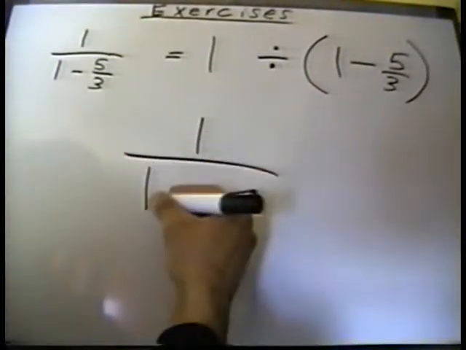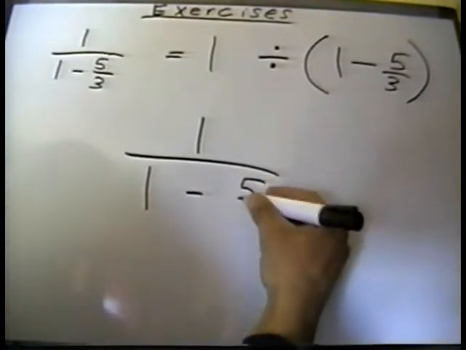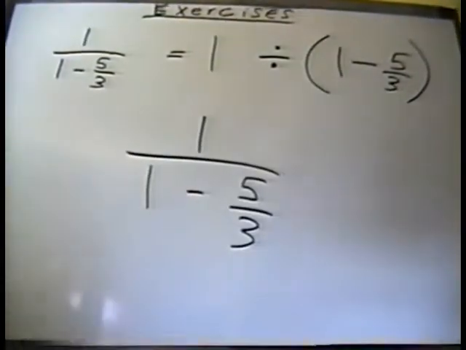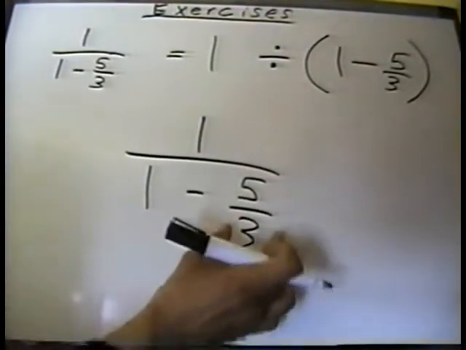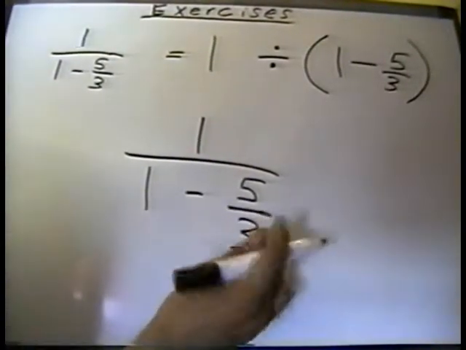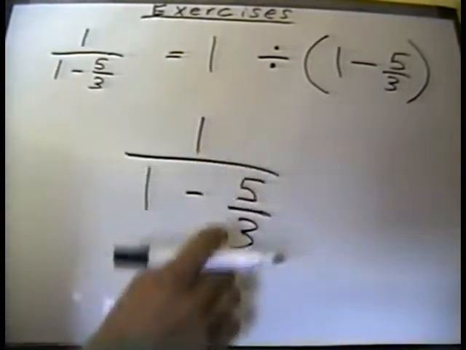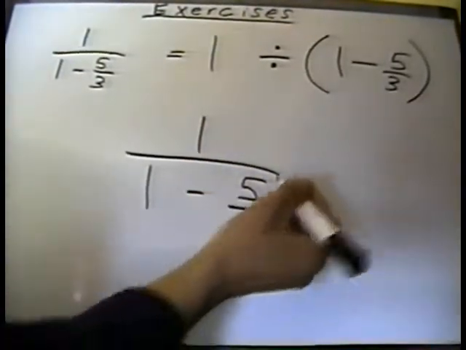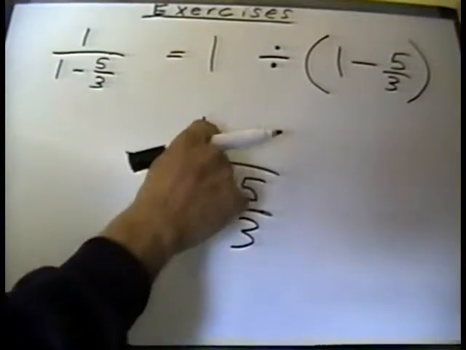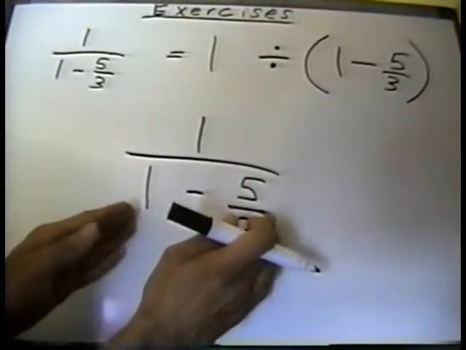Alright, now here we have another practice example. That here is 1 divided by 1 minus 5/3. Okay? Now here the 3 under this we do not place it up there. That does not happen.